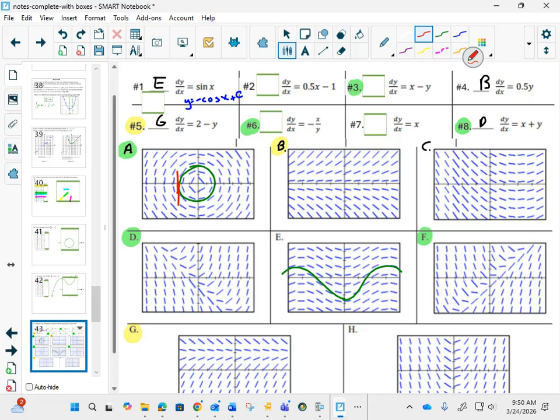A non-permissible value. Are there any differential equations where you would have y values you're not allowed to plug in? Or x values you're not allowed to plug in? And that looks like number 6, which apparently if I click on number 2, it works. And that matches up with A.